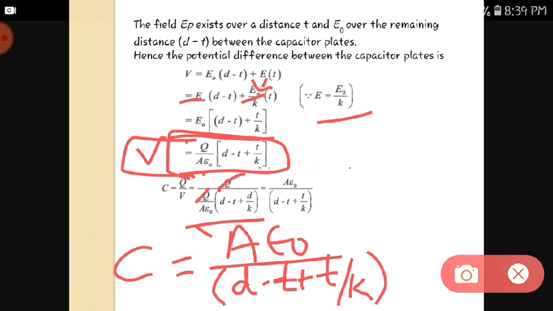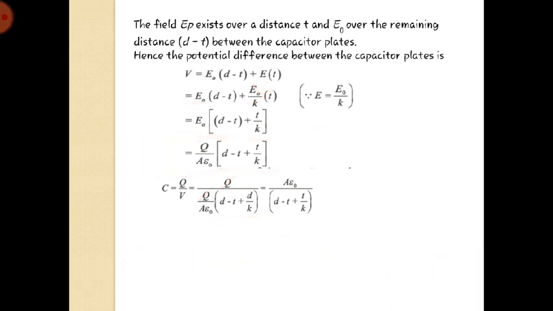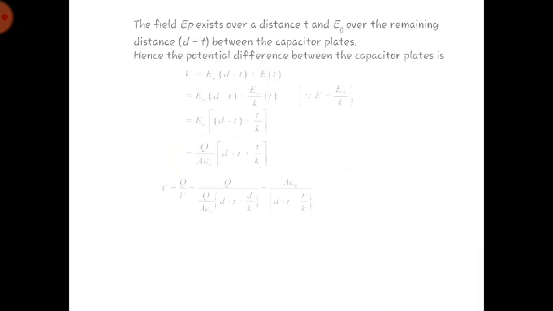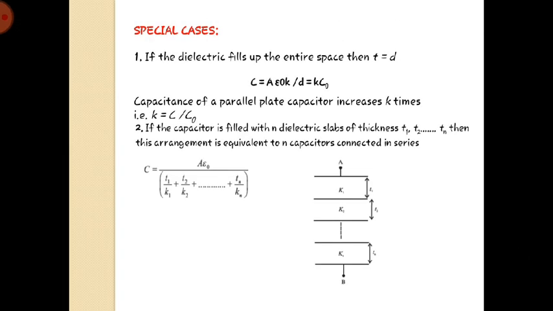Now, there may be some cases in which D and T are equal, when a number of capacitors or a number of dielectric mediums are being connected. What happens over there? So there are some cases that we have to study.